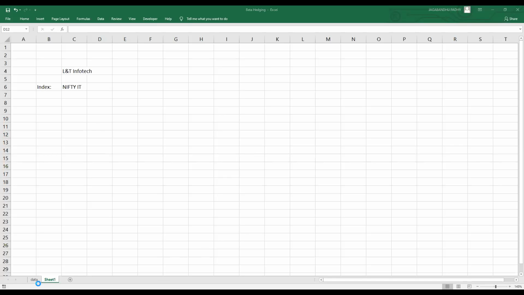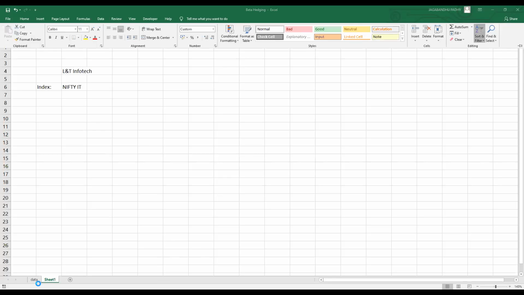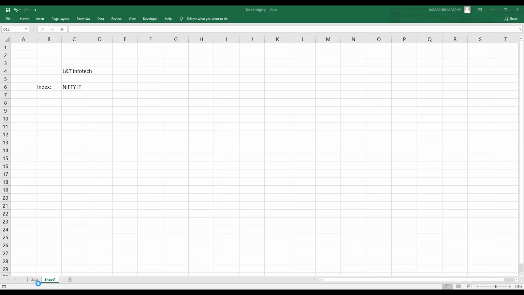Close prices मेरे पास ये. Should I send? Okay. Yeah, thank you. I'll just download that. Opening the file.